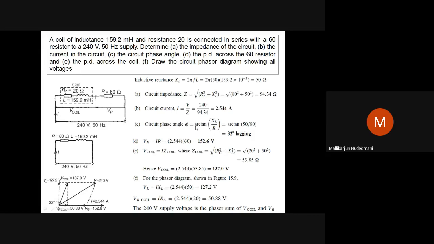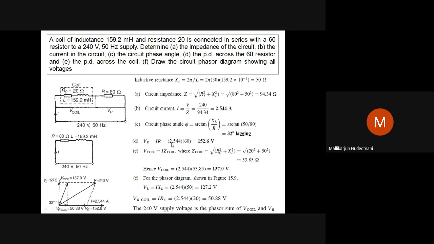So my friends, please note this: arc tan means inverse tan of XL by R. XL is known to you, 50. R is known to you, 80. You get 50 divided by 80, and the inverse tan function gives an angle of 32 degrees. That is the next step you can do.